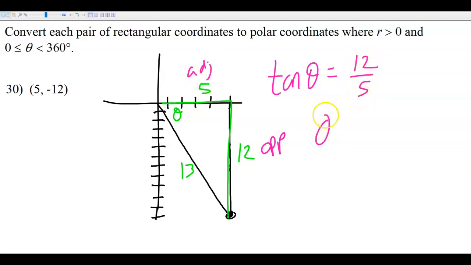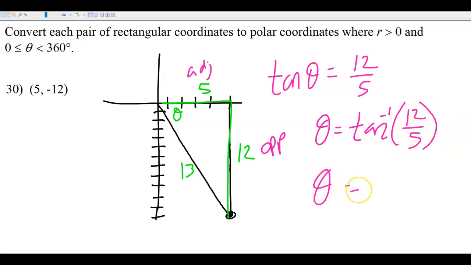Then to solve for theta, we do arctangent. And let's see what we get for our angle. I end up with 67.4 degrees.